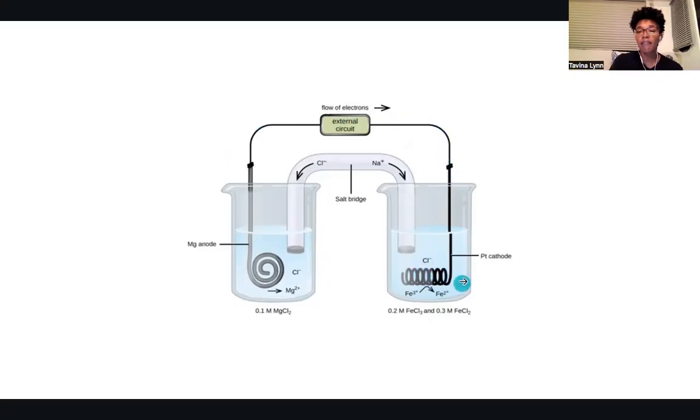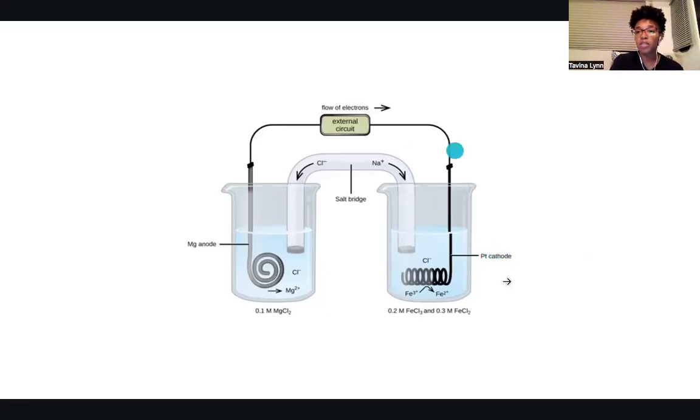The reason we have a different cathode is because sometimes what's being oxidized or reduced doesn't necessarily have a cathode or anode for it. In the previous example, we had copper and silver. These are inert electrodes that allow electrons to flow through. We could have used platinum in that other example as well.